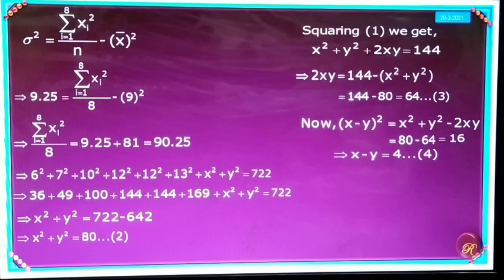In equation 1, we have got x plus y is equal to 12. Here, x minus y is equal to 4. When we add 1 and 4, y will get cancelled. We will get 2x is equal to 16, implies x is equal to 8.